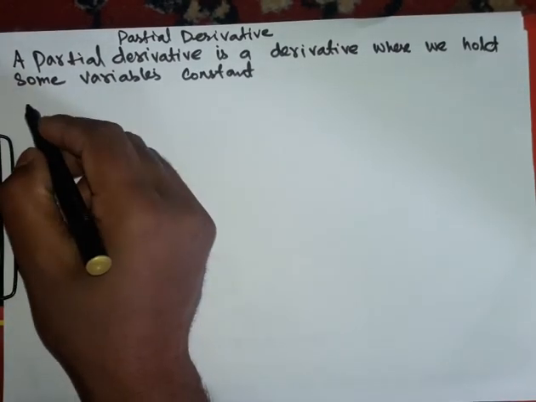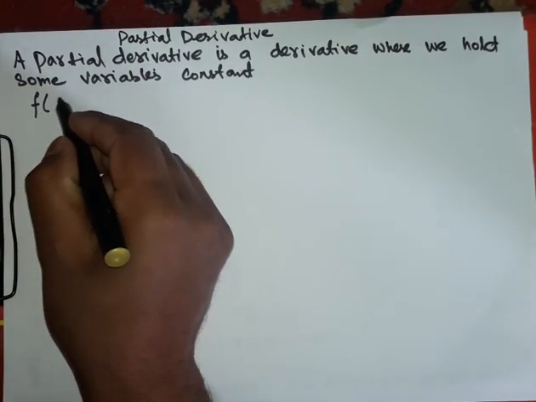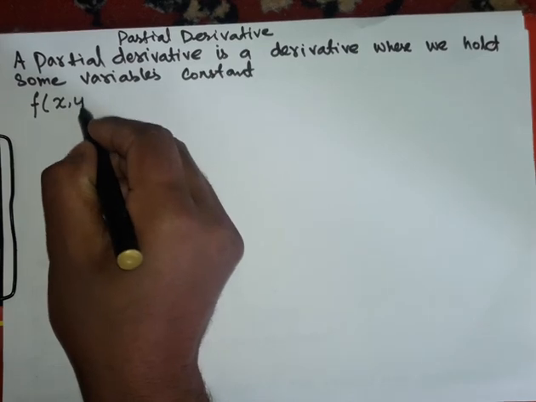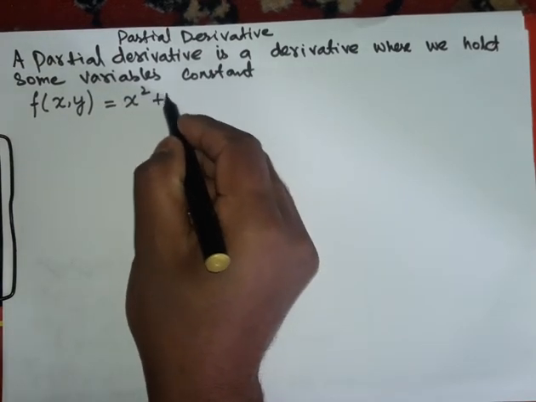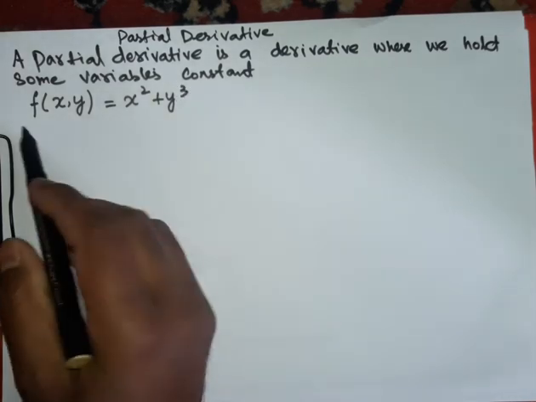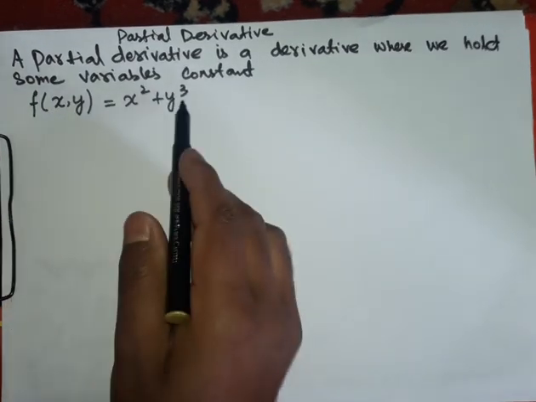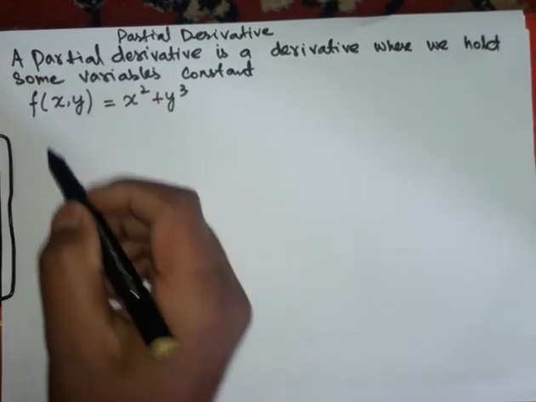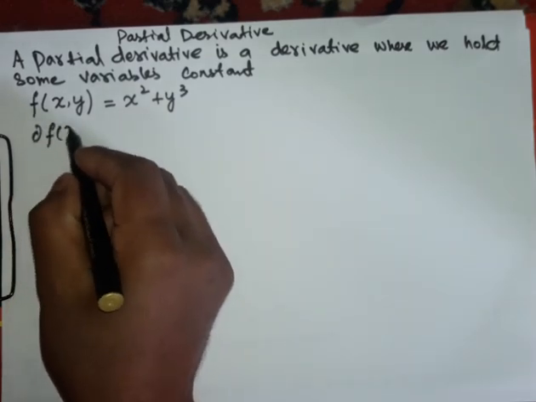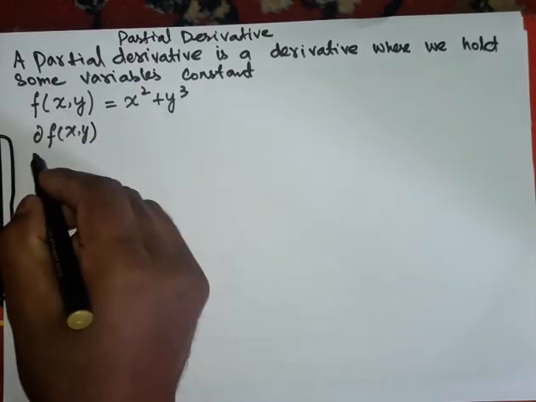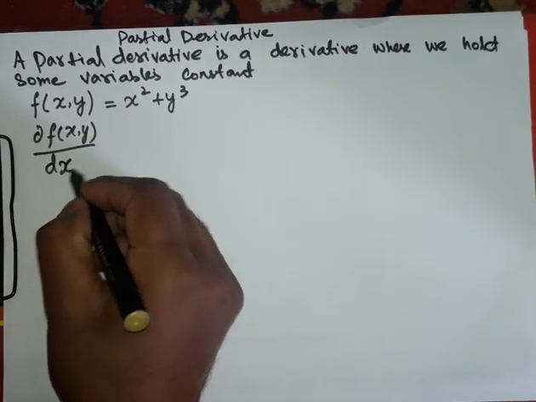For example, if we have a function in two variables, that is f of x, y is equal to x square plus y cube. If we differentiate this function with respect to x, we will write df of x, y over dx.